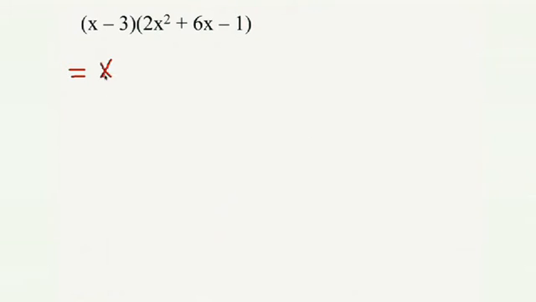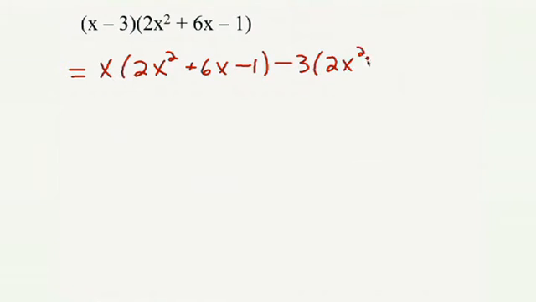That's x times 2x squared plus 6x minus 1, minus 3 times 2x squared plus 6x minus 1. All right, so we'll just multiply piece by piece. 1x times 2x squared, 1 times 2 is 2.